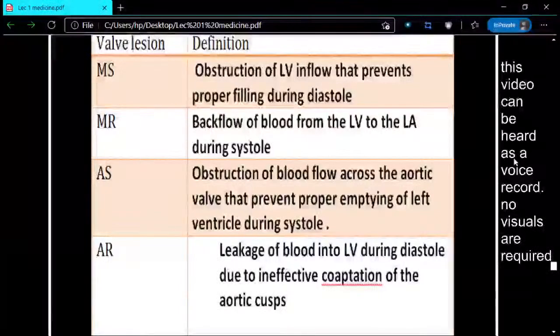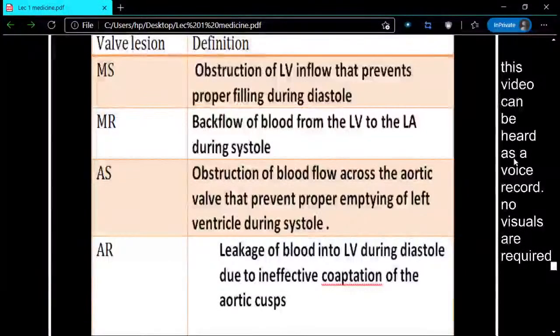The MR is also from the left ventricle, with backflow to the left atrium. AS and AR.